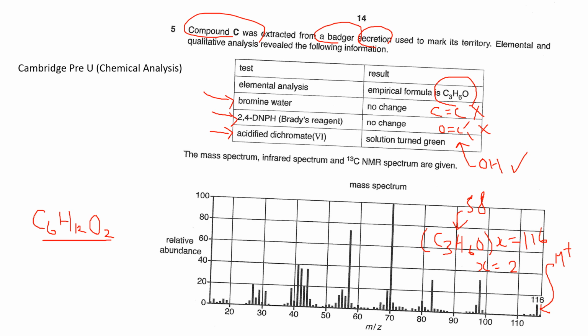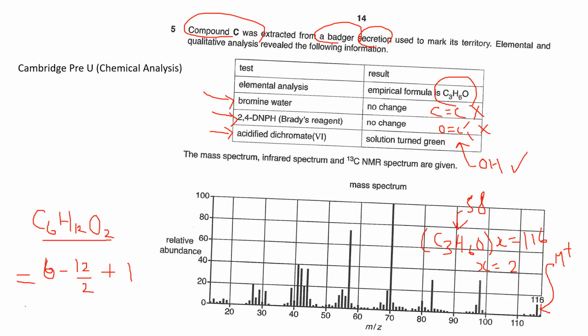Okay, so we can use one more technique called the degree of unsaturation, to show how many double bonds or rings are present. The formula is the number of carbons over 2, only 6 over 2, and then the number of hydrogens, 12 over 2, and oxygen we just ignore, and at the end plus 1.